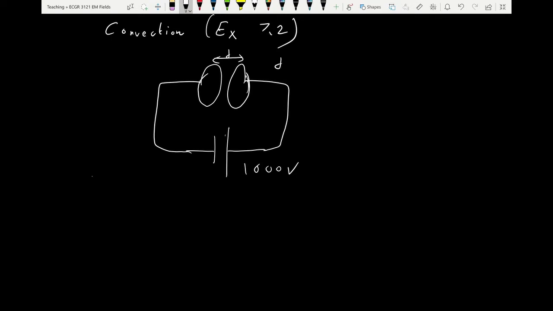I believe d is 20 millimeters, 2 centimeters. And then the radius of those conducting plates is a, and a equals 10 millimeters.